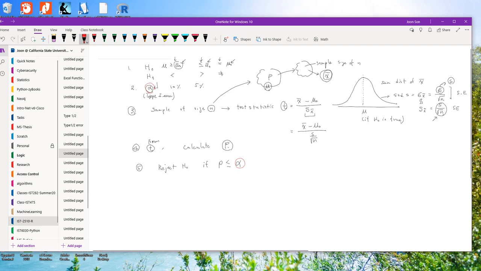Now let's talk a little bit more about this p-value.